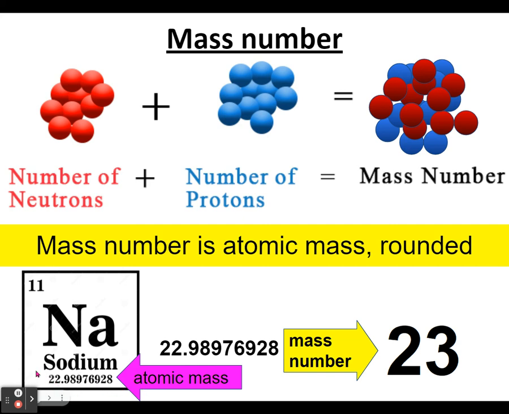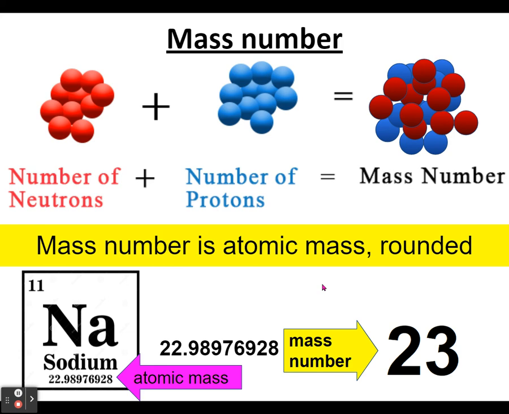But if you round that number to the nearest whole number, not necessarily rounding up, not necessarily rounding down, but the nearest whole number, that's going to give you the mass number. Okay? So this is 22.9 and some change, that would round to 23.